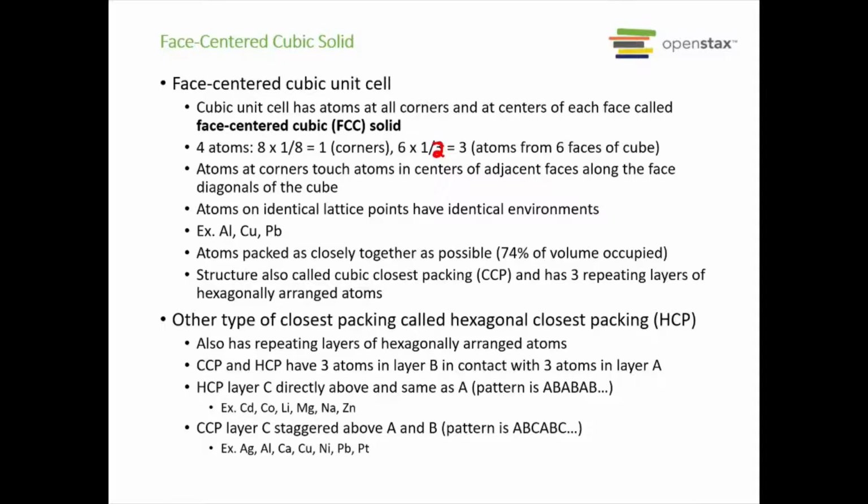So we do not have a whole atom in the center. There's nothing in the very center. The atoms at the corners touch atoms that are in the center of the adjacent faces along the face diagonal. So if you're looking at the face of the unit cell, you've got your 4 corners, and then you have your one here in the center. So this guy is touching these 4.